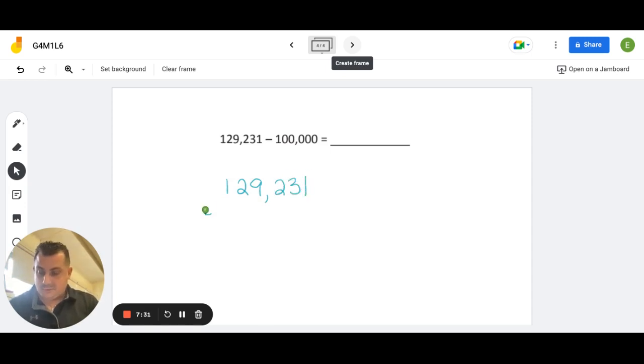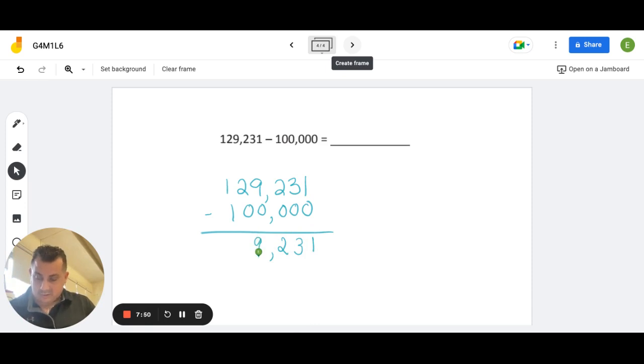I'm going to subtract 100,000. Everything's lined up. So I'm going to do it the standard way first. If I do the standard way, 1 minus nothing is 1. 3 minus nothing is 3. 2 minus nothing is 2. 9 minus nothing is 9. 2 minus nothing is 2. And 1 minus 1 is 0.